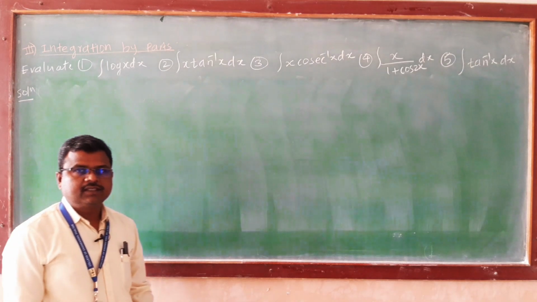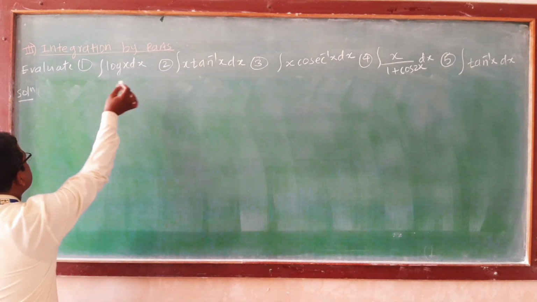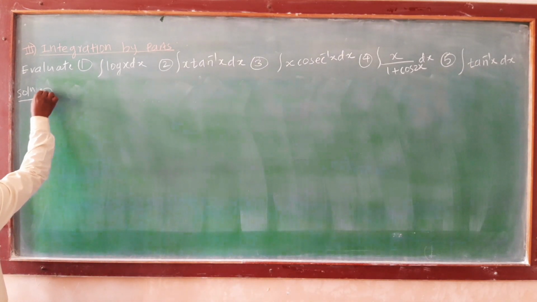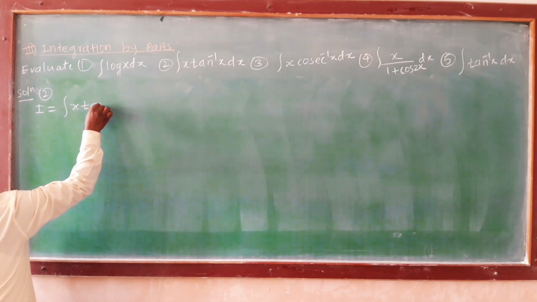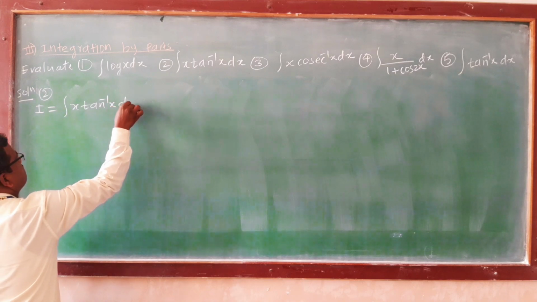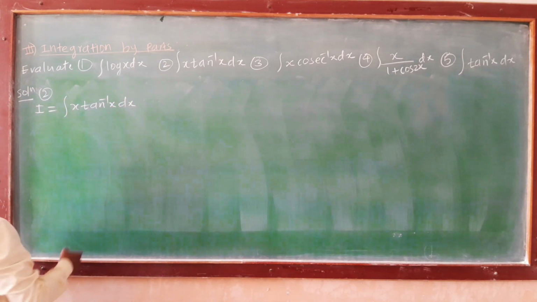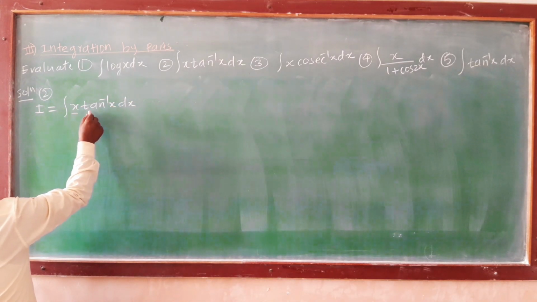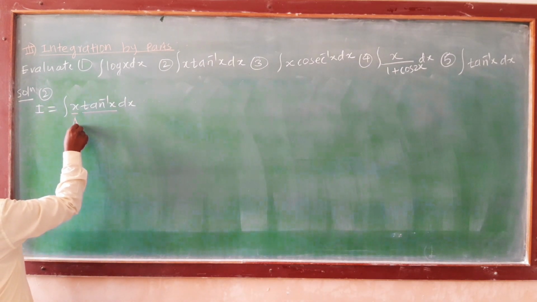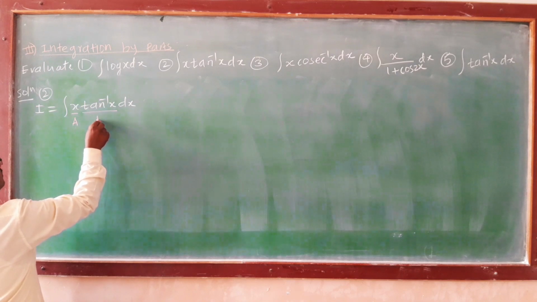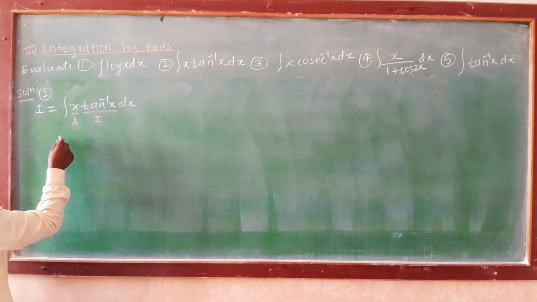Now, see this next example, number 2. Let I is equal to integration of x into tan inverse x dx. Now, this is a product. Here is a product of x and tan inverse x. This x is an algebraic function and tan inverse is an inverse trigonometric function.